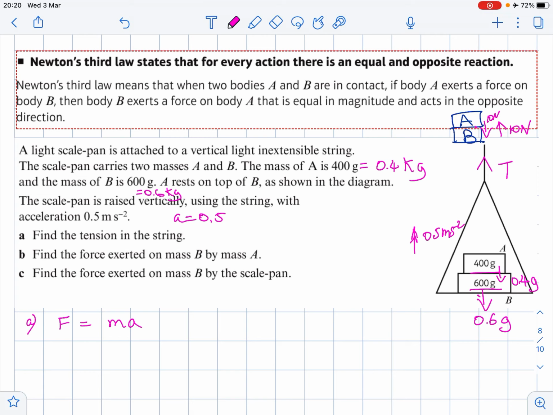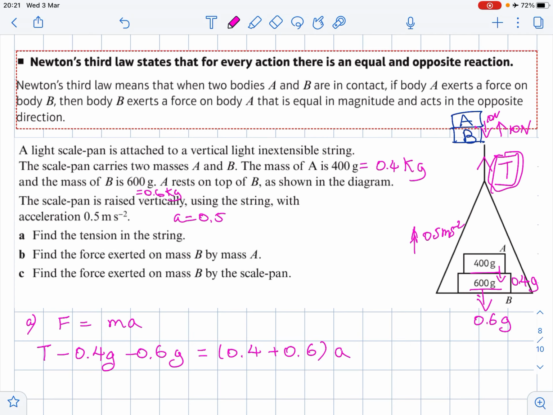So let's work out our resultant force. The force going up is just our tension pulling our particles up, minus, since it's going up, we know this is a bigger number, so we always use the bigger number subtract the smaller number. And going down, I have the weight of 0.4 gravity, and minus 0.6 gravity, and it's equal to the total mass, which is 0.4 plus 0.6, multiplied by acceleration.